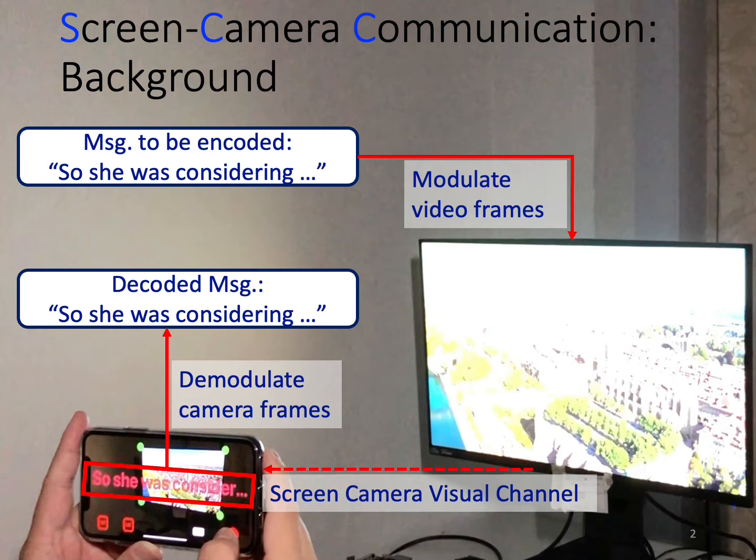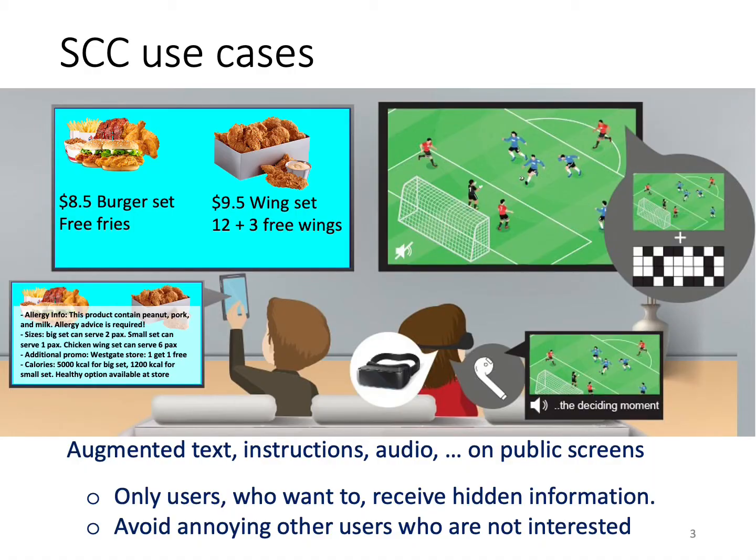There are many use cases of screen camera communication. For example, we don't want to show too much detailed information in an advertisement on a screen because it distracts the users. So we can transmit the detailed information through screen camera communication. If a user is interested, she can use the smartphone to decode and see the detailed information such as allergy advice and calorie information.